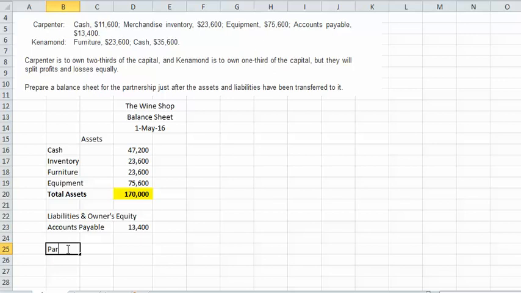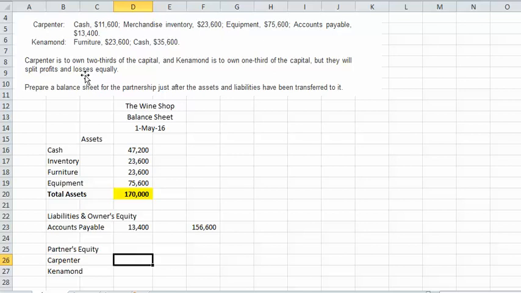The next is partners' equity, and we're going to have Carpenter and Kennemond. So right here, let's put a cell over here: our total assets minus our liabilities. So out of this, total equity is 156,600, but we have to allocate it here.